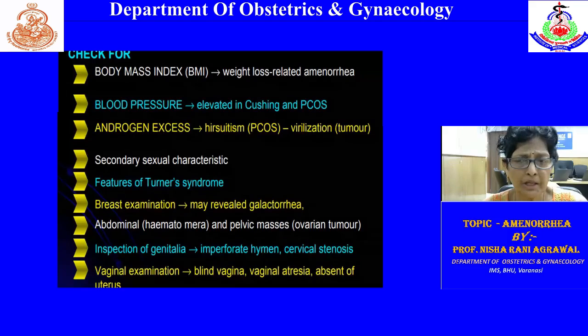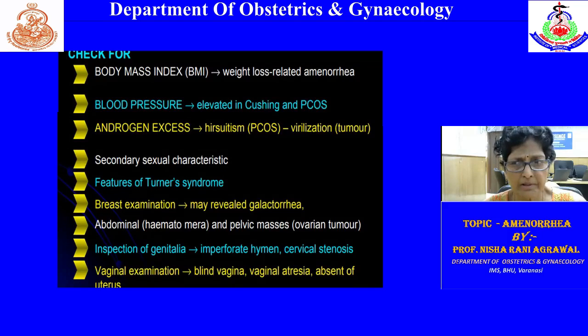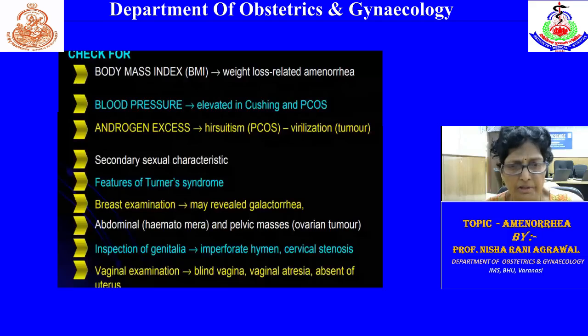Then abdominal examination may tell about hematometra and pelvic masses. Inspection of genitalia: imperforate hymen and cervical stenosis. Vaginal examination: blind vagina, vaginal atresia, or absence of the uterus.